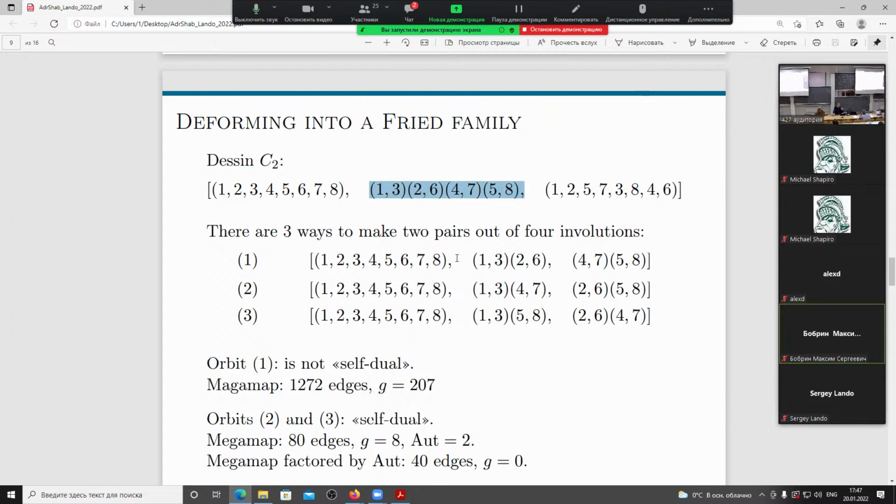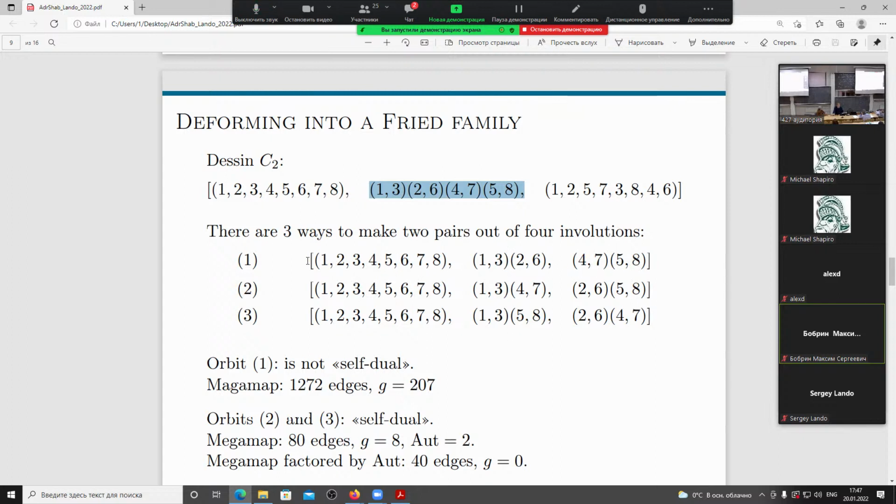And the braid group acts on the set of independent involutions. I mean independent involutions, right? And the braid group acts on these sets.